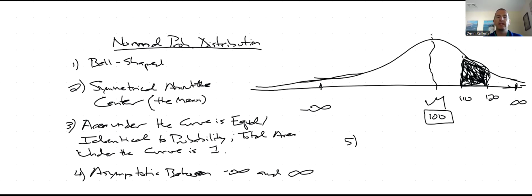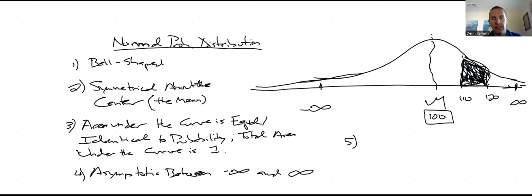And then finally, these are four characteristics of the normal probability distribution. It's bell-shaped, it's asymptotic, it's symmetrical about the mean, the area under the curve is identical to probability, and that area under the curve is 1. There's a fifth one.